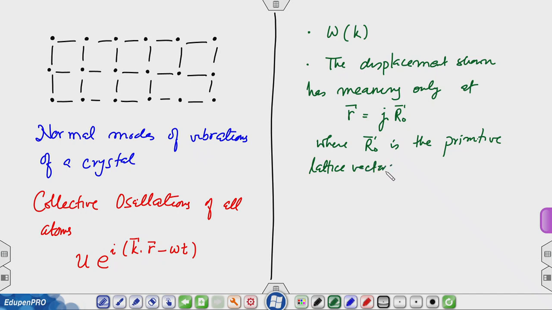So, although I have written this in the travelling wave form, even if I make a wave like this, the only place it is meaningful is at these points where the particles are.